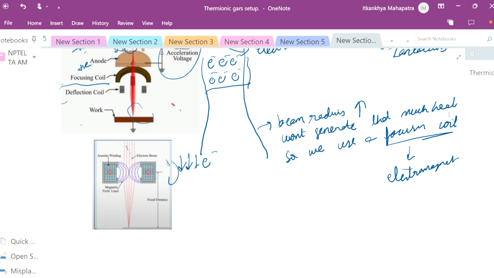You are seeing the electrons passing through the magnetic field. Because of this magnetic field, a force will act on the electrons. Now this will try to converge the beam.